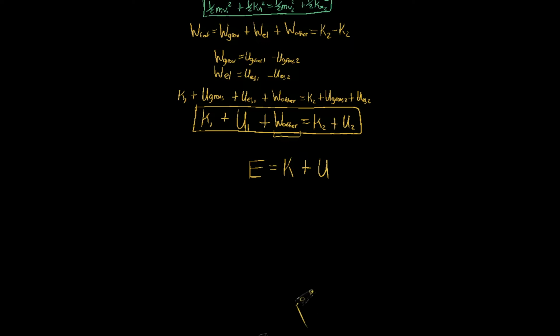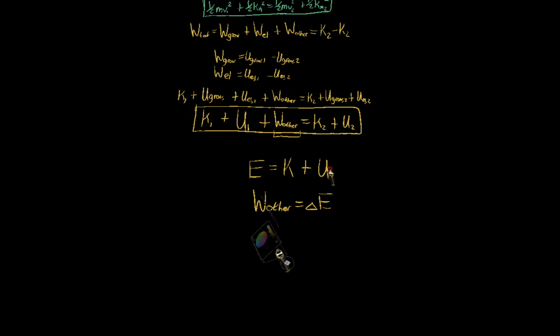So this work other determines whatever change in E. So work other equals delta E. That's one way to think about this. If there's some sort of work other contributing, then it's adding or subtracting to the total mechanical energy of the system.